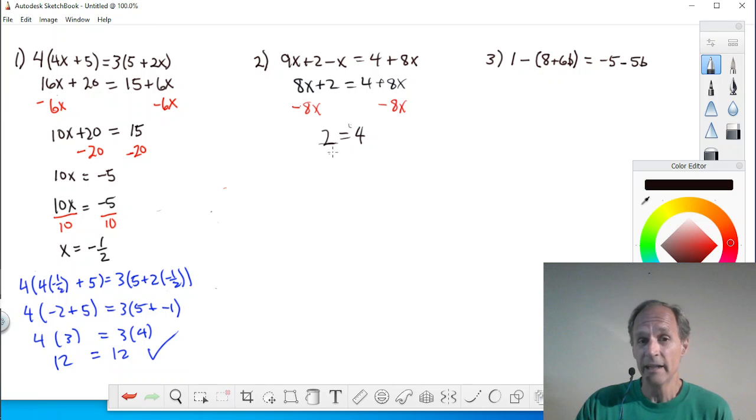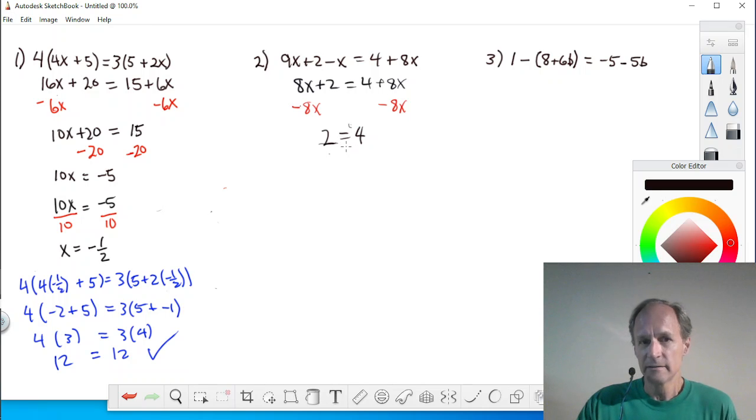Can you think of any x that's ever going to make that true? No. Doesn't matter what you make x, that final equation is not true. What that means is, since there aren't any values of x that make it true, guess what? There aren't any values of x that make the original equation true either, because they have the same solution set. The solution set is the empty set. If you are talking in set terminology, the set of solutions is the empty set.